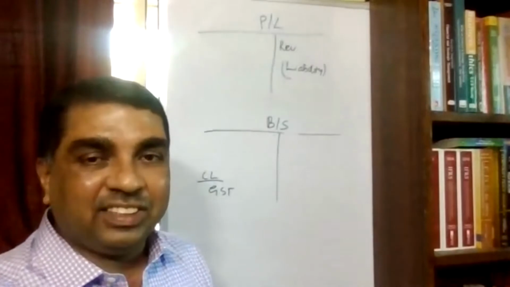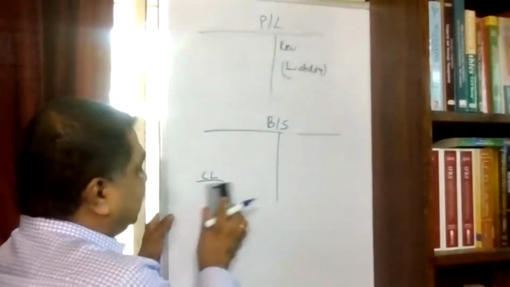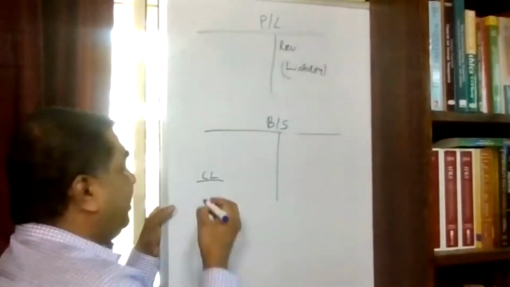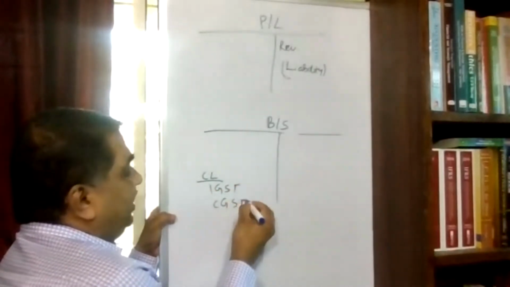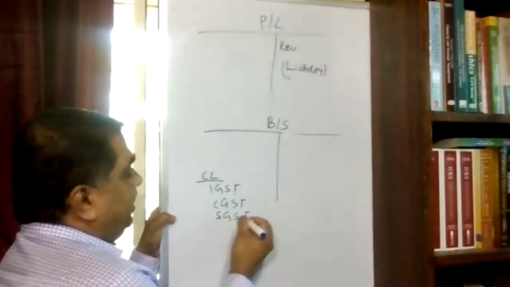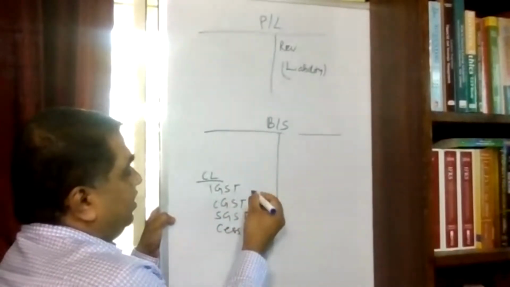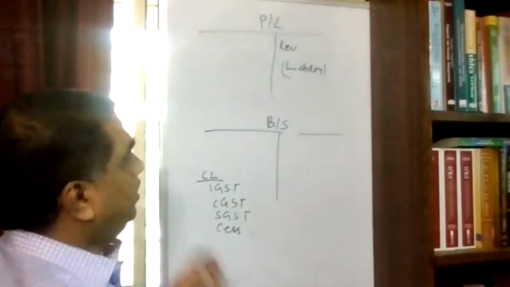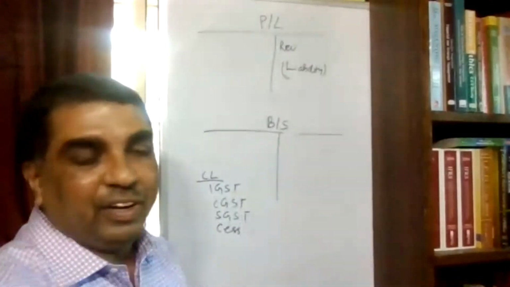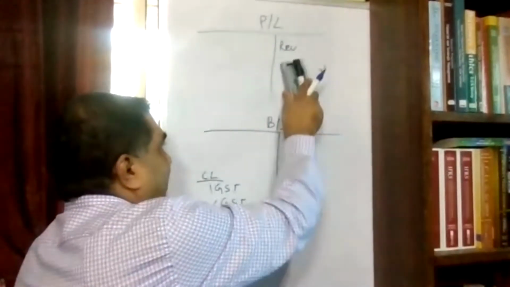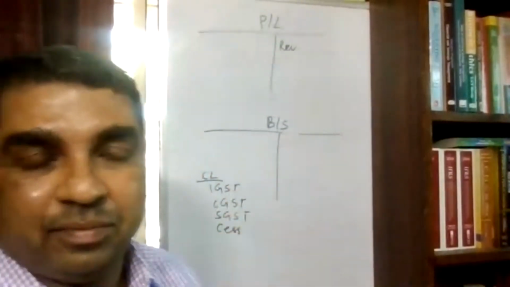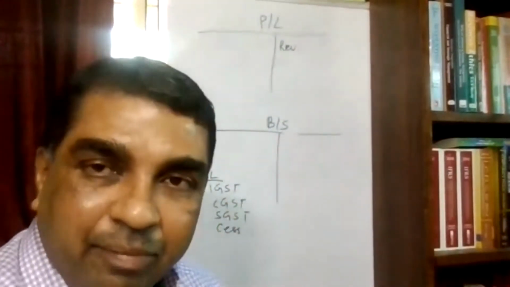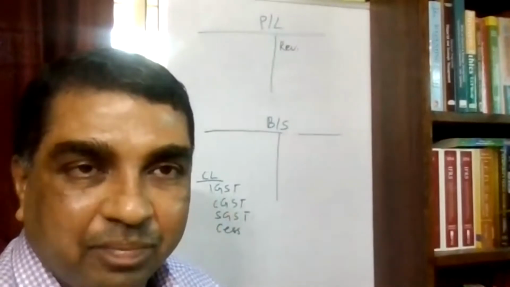This GST liability will be in different parts: maybe IGST liability, CGST liability, SGST liability, maybe cess liability. The moment you recognize your revenue, automatically your current liability is created. So these two things are linked. Are you understanding it?